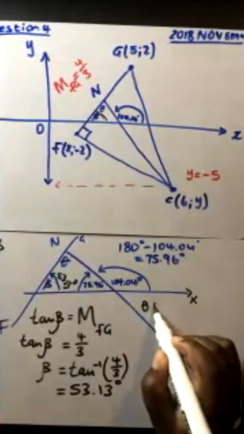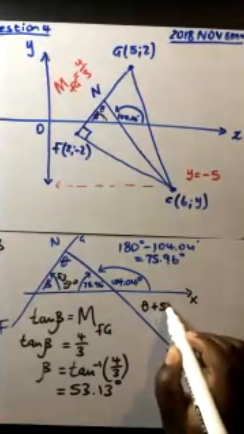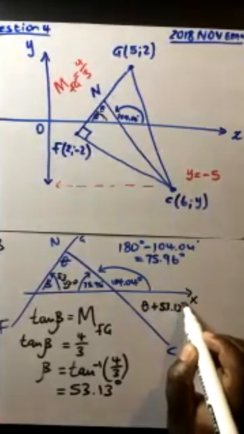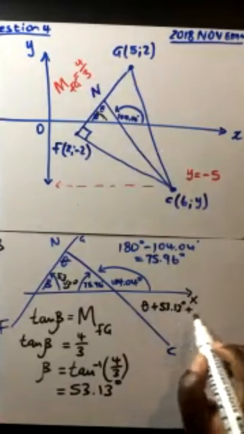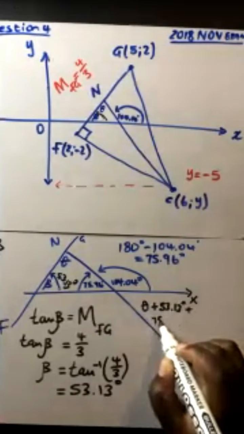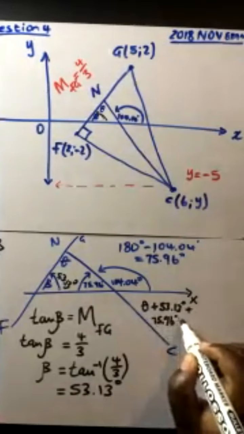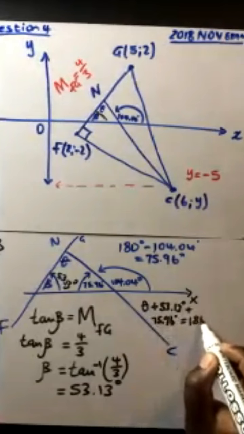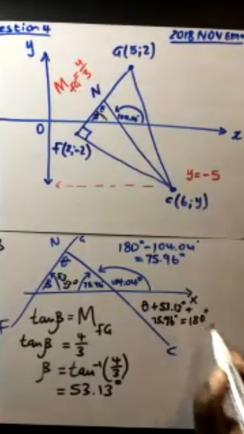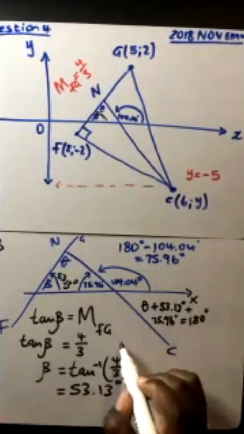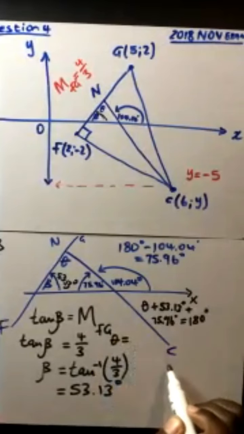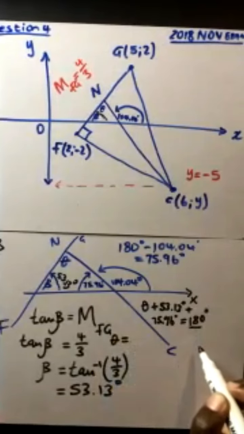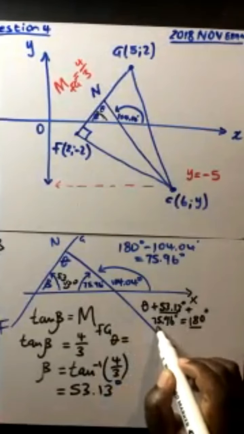So that means angle theta plus 53,13 degrees plus 75,96 degrees should be equal to 180 degrees, which means angle theta will be equal to 180 degrees minus that minus that.